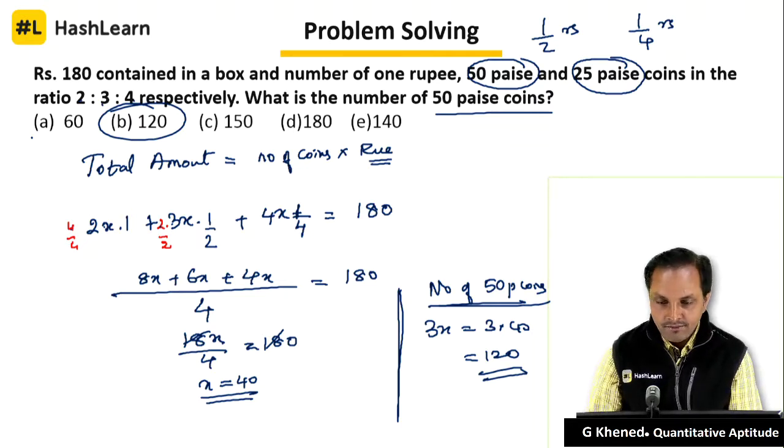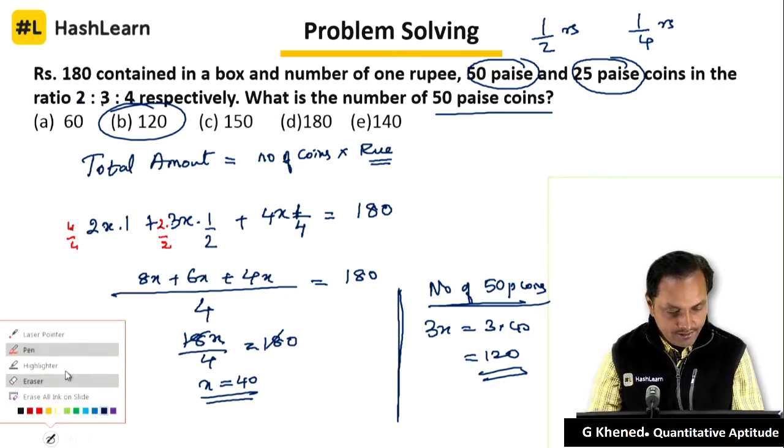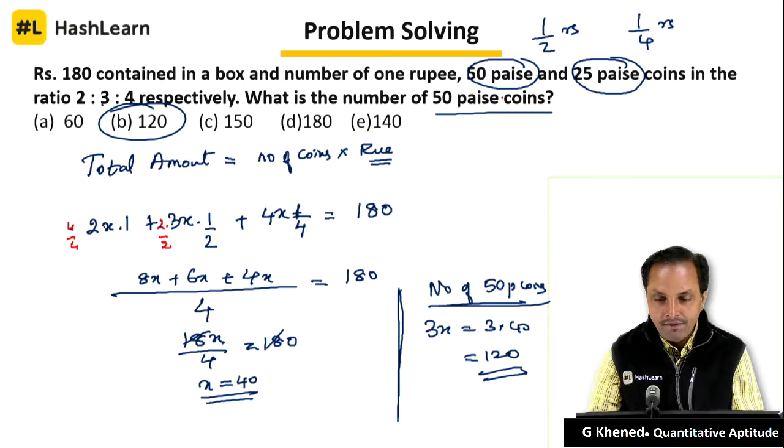So most of them get confused in converting paise to rupees. Make sure when they give you 50 paisa coins, you take half rupees.